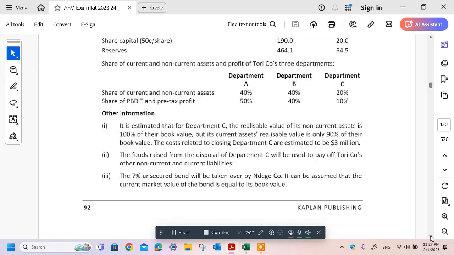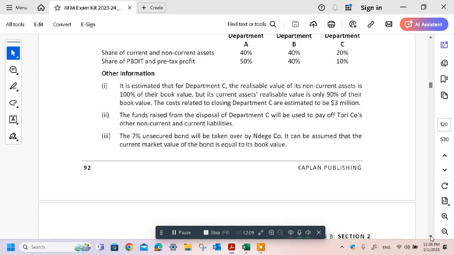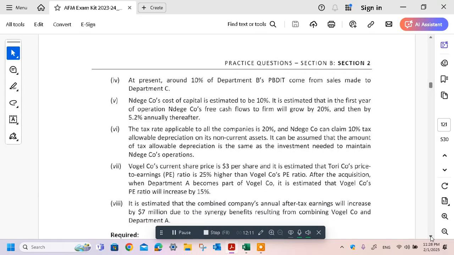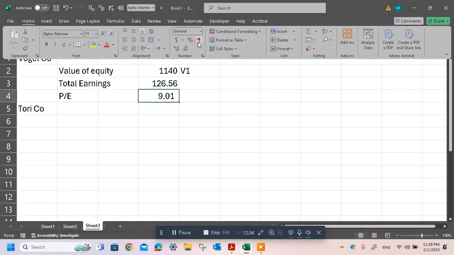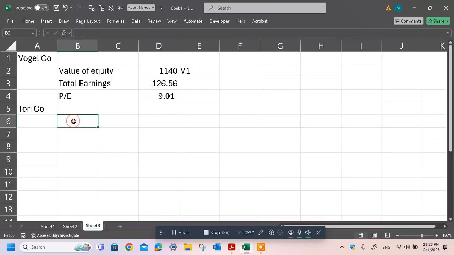Both companies pay, here, tax rate applicable to all the companies is 20%. So 1 minus 20%. What am I doing? Pre-tax profit I am converting to post-tax. That will give me the PE ratio of Vogel Company. How? Price divided by earnings. Almost 9.001. That's the PE ratio.